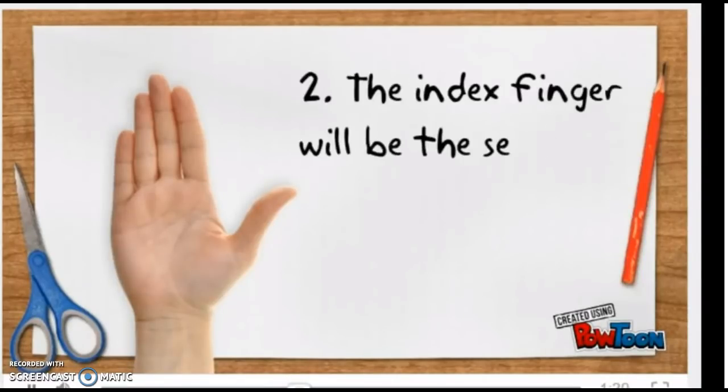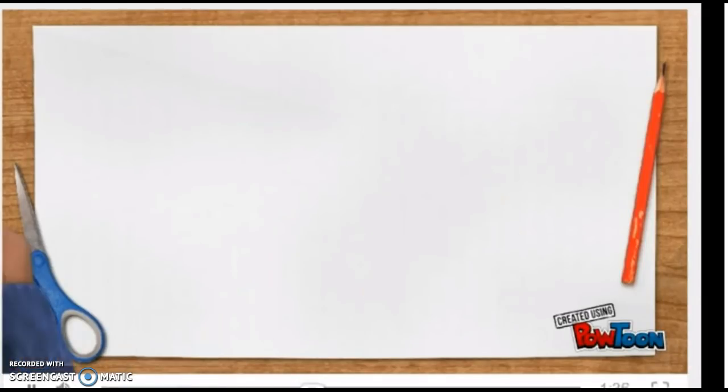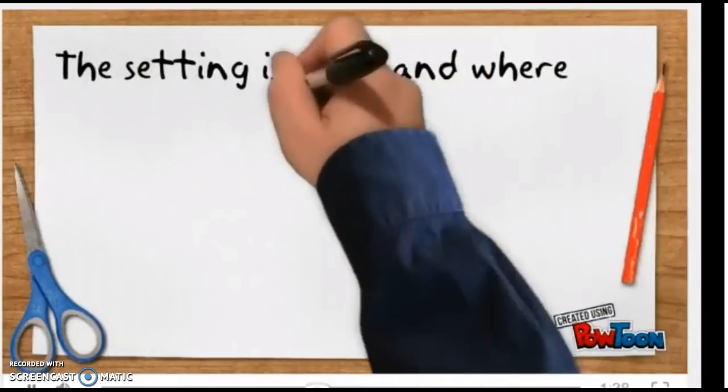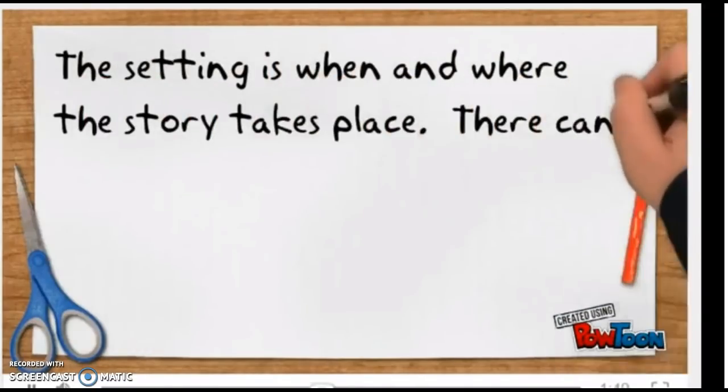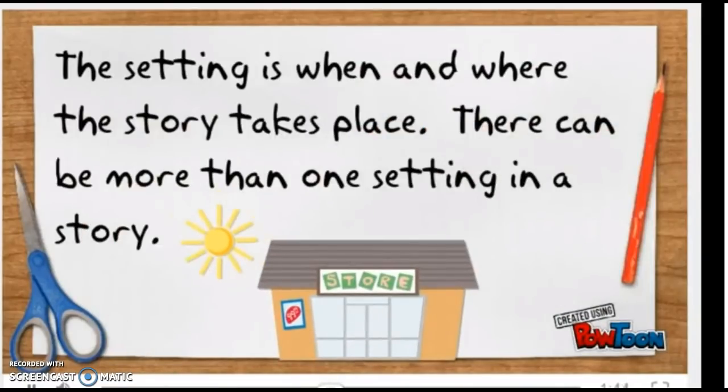Number 2, the index finger will be the setting. The setting is when and where the story takes place. There can be more than one setting in a story, such as outside, inside, the store, the airplane, summer.